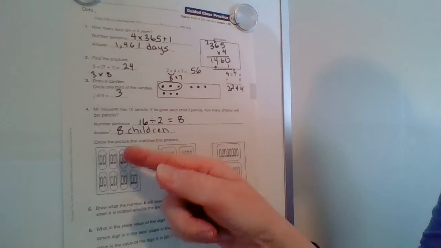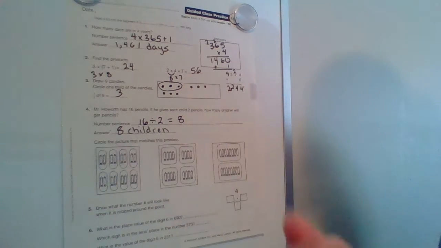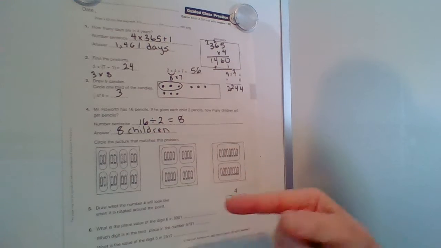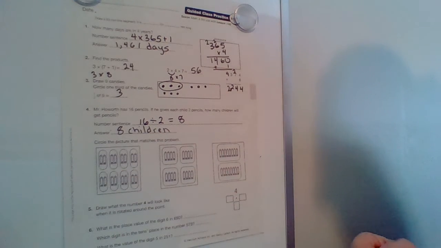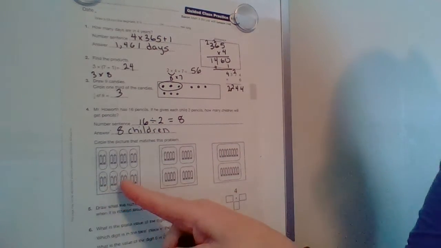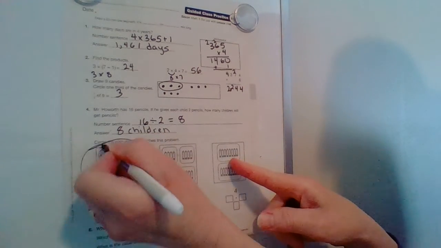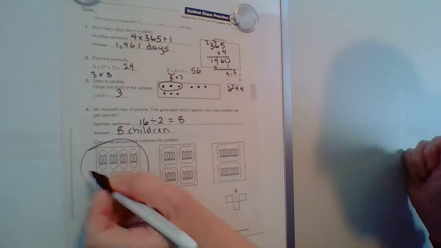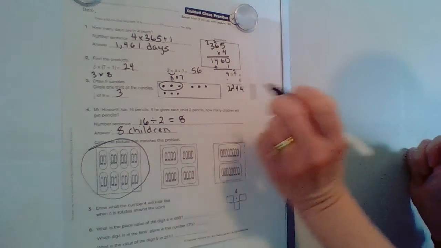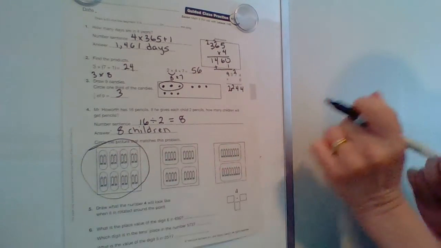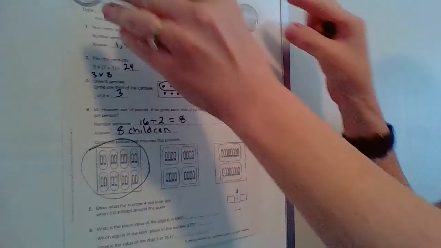We knew that he gave 2 to each child. So which picture shows that he gave 2 to each child? If you picked this one, you're right. We need to circle that because this shows he had 16 pencils, he gave 2 to each kid, and there are 1, 2, 3, 4. There's 8 left.